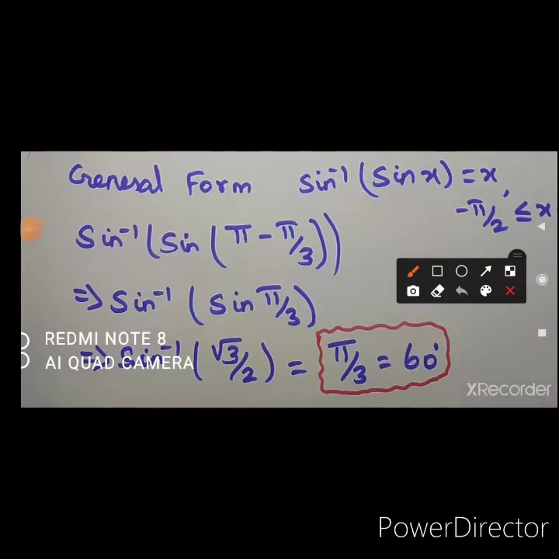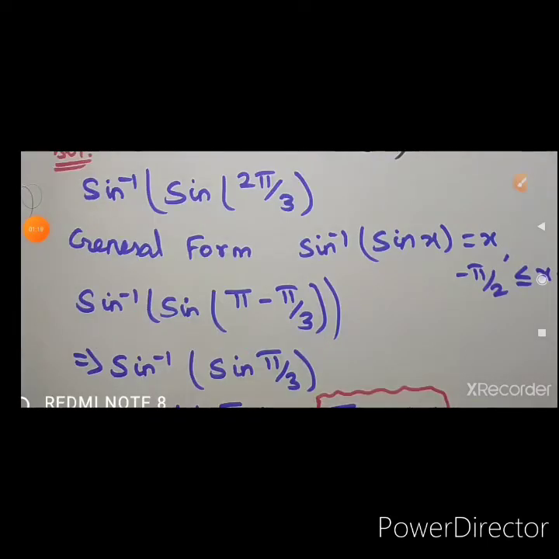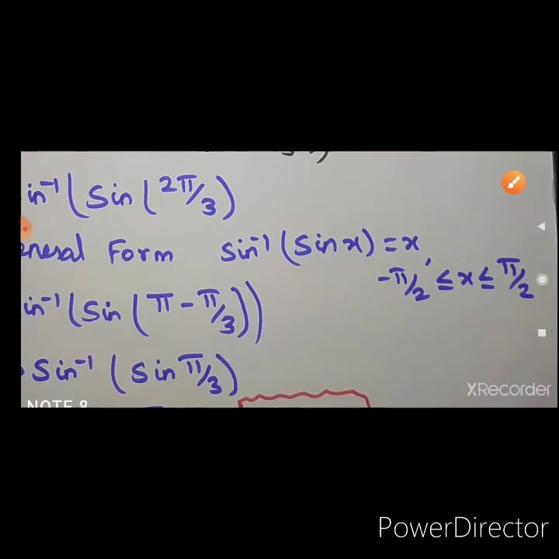Here sine inverse of sine of pi minus pi by 3. We are splitting 2 pi by 3 as pi minus pi by 3. Why are we splitting? Here it is 2 pi by 3, but our limit is minus pi by 2 less than or equal to x less than or equal to pi by 2, that is minus 90 degree to 90 degree.